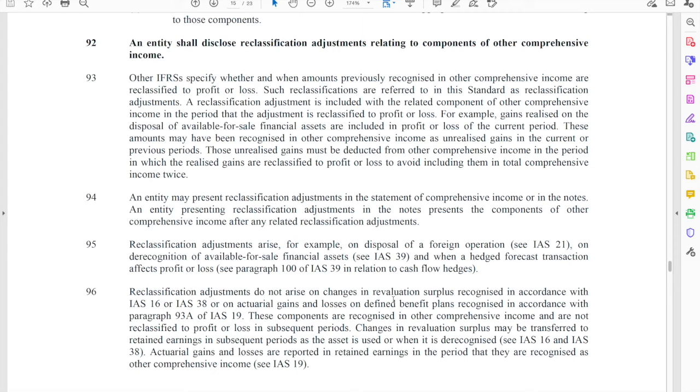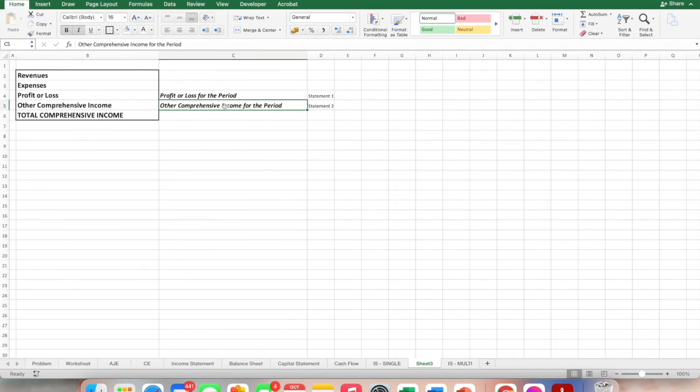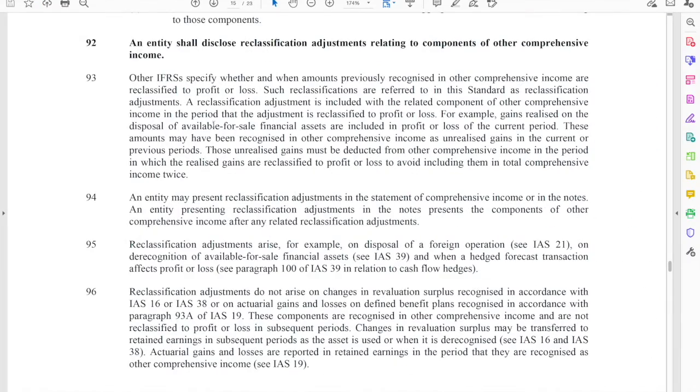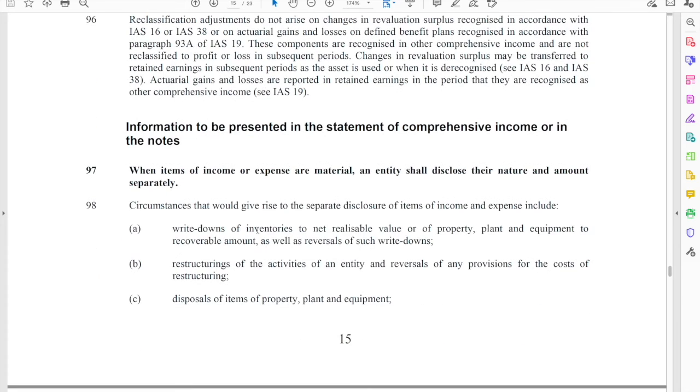Yung nire-reclassify sa profit or loss, papasok sa statement 1 natin dito. But yung mga nire-reclassify naman to RE, dyan papasok yan sa other comprehensive income. So, dito siya papasok sa statement 2. So, hindi nyo kailangan masyadong maintindihan yan sa ngayon, but it will be thoroughly discussed sa intermediate accounting 1 relating to inventory topic. Okay, so that would be the other comprehensive income.